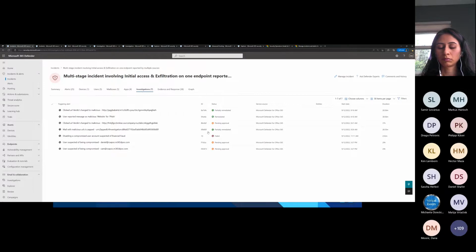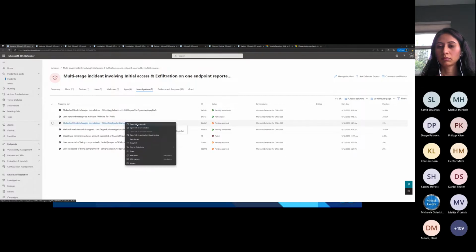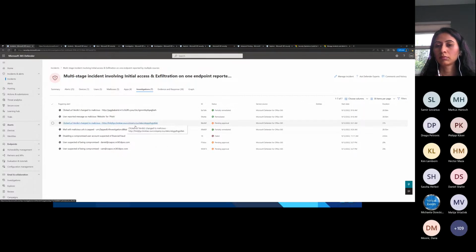For example, this one found some email messages we still need to look at. Maybe we open some of them so I can show you how an investigation playbook works, what type of actions an investigation does, and where these pending actions you will see in the correlated incident evidence tab are coming from.